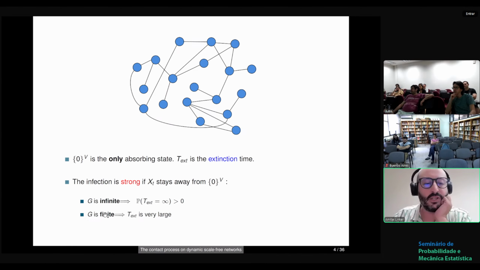However, if the network is finite, this is a Markov process with a finite number of states, and it's going to eventually reach the absorbing state. So it makes no sense to ask for this, but instead we say that the infection is strong if the extinction time is very large, so if we stay very far away from extinction for a very long time.